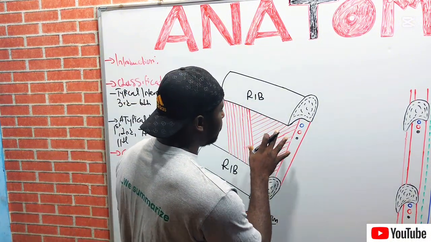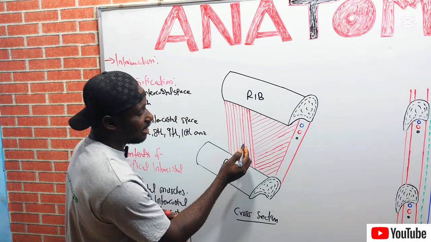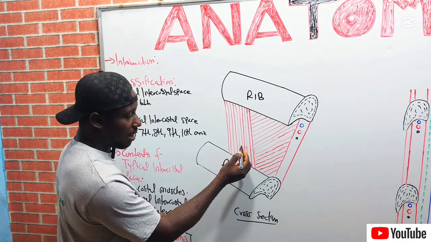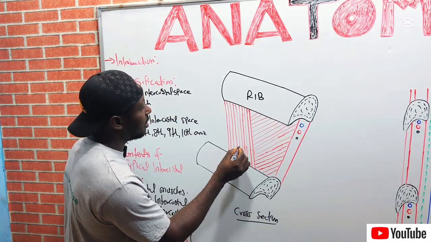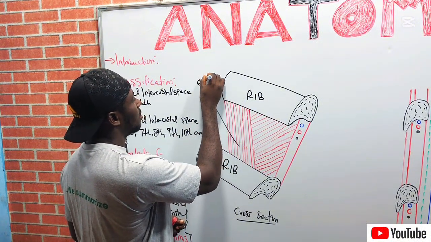Now, let's depict it on this diagram. This is the external intercostal muscle, right? This is the external intercostal muscle.